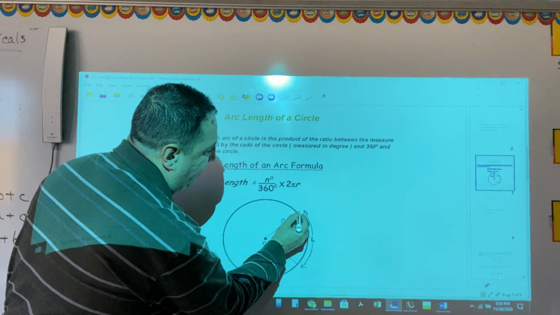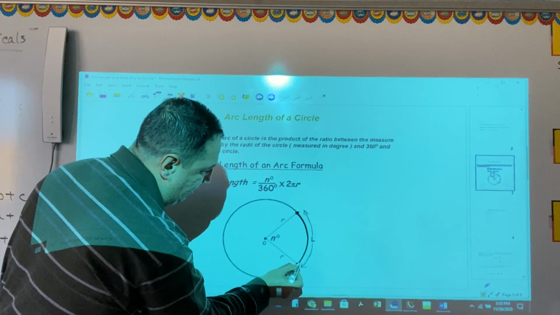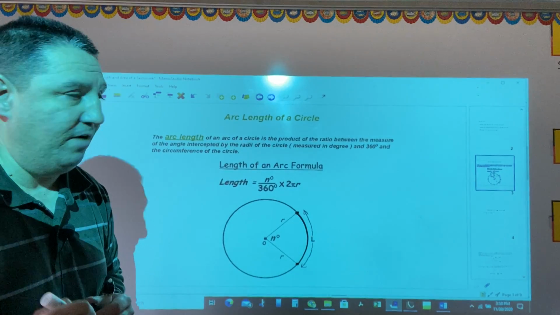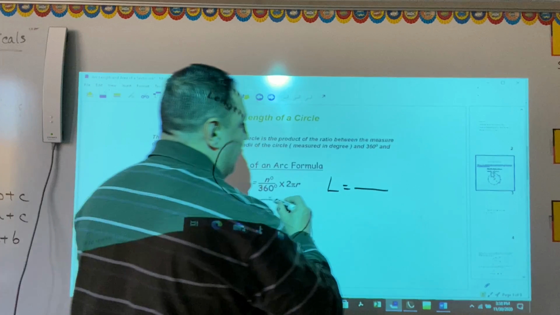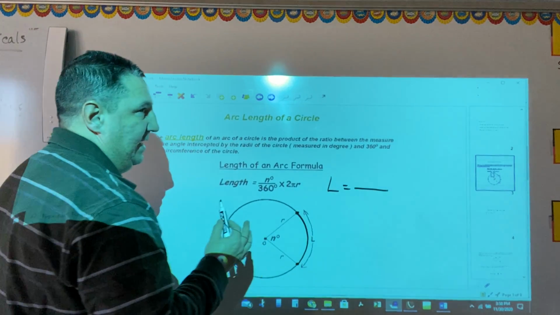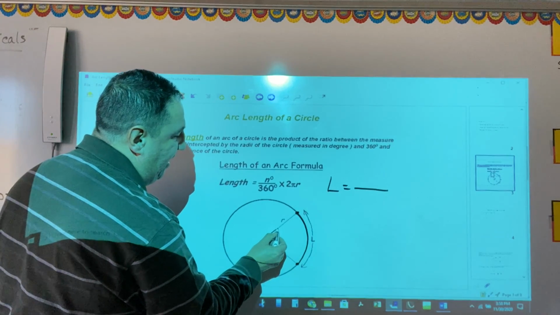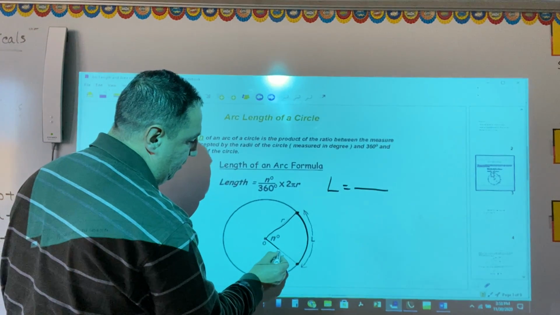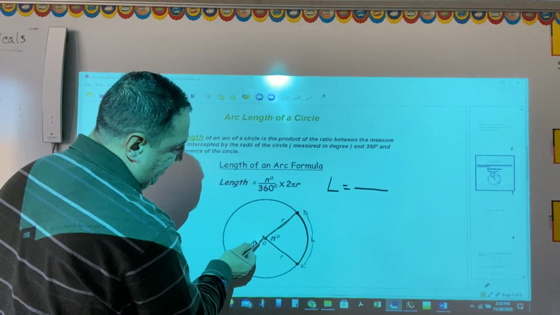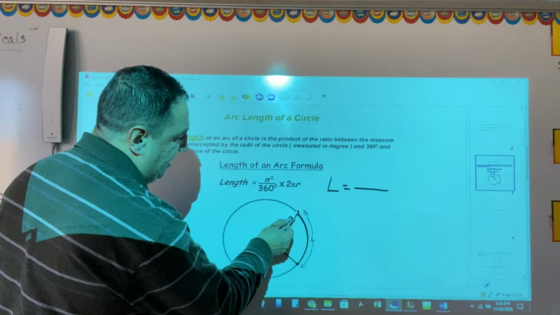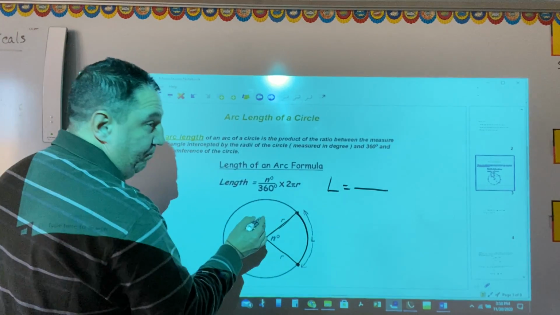the arc length L, which is this portion of the circumference, is given by the ratio of the angle intercepted by the radii of the circle. These two radii intercept the circle at these two points.